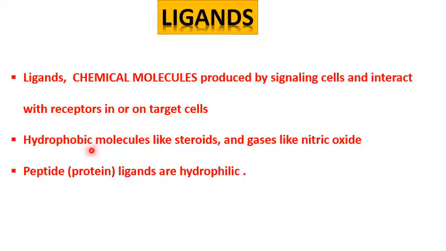Those which are hydrophobic in nature, like steroids and gases like nitric oxide, can pass through the cell membrane of the cell, and there are certain ligands, that is chemical signals, which are hydrophilic in nature. They cannot pass through the cell membrane.